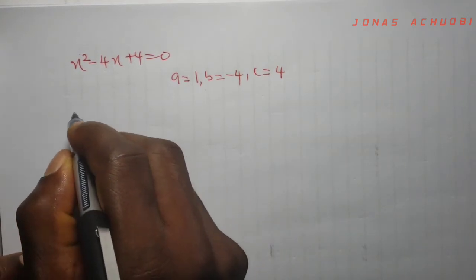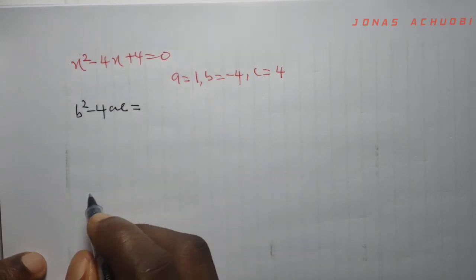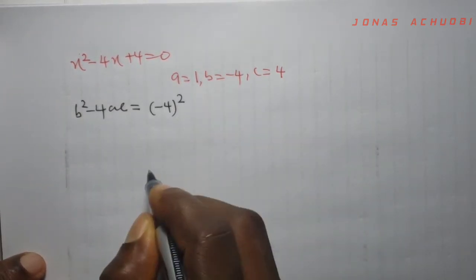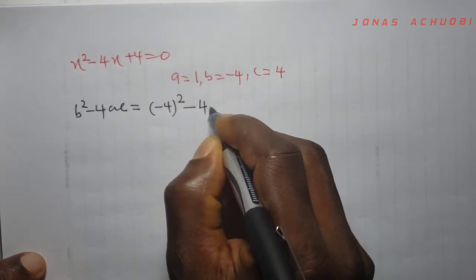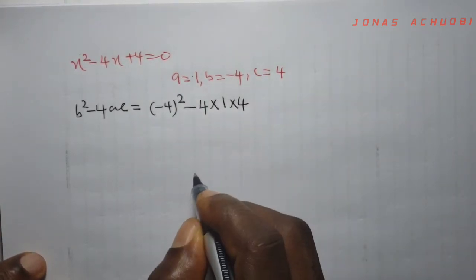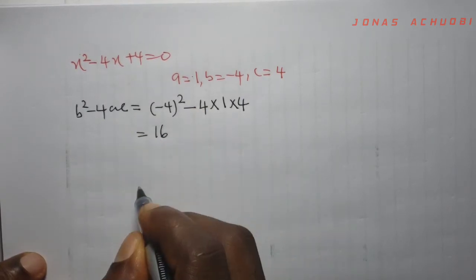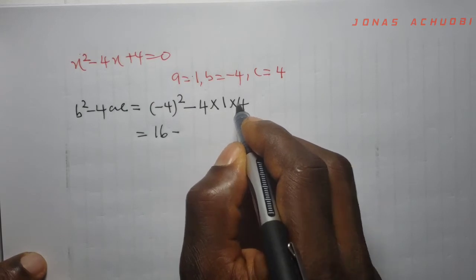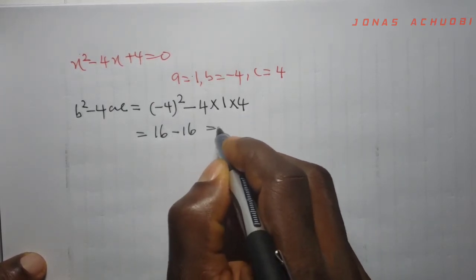Then the discriminant b squared minus 4ac will be minus 4 all squared minus 4 times 1 times 4. That is 16 minus 16, which is 0.